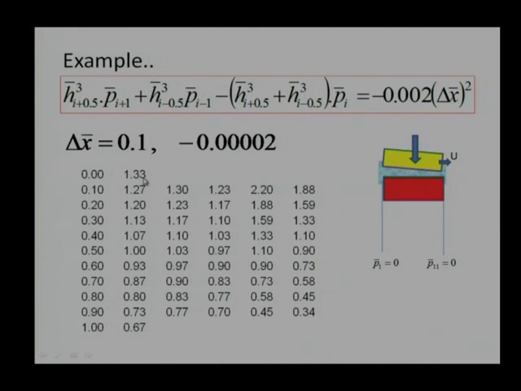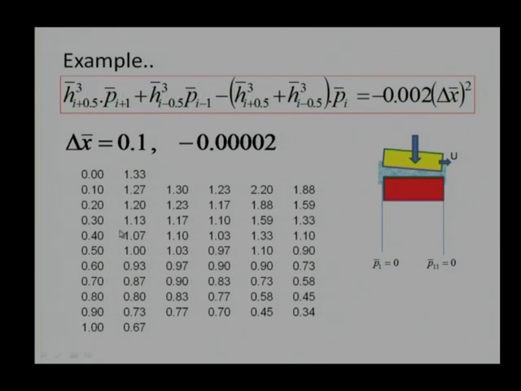Now, these expressions are the film thickness expressions. The film thickness at that node, when we substitute the value of x bar, is something like 1.33. Again, this is a non-dimensional number. This film thickness will continuously decrease because of the convergence. There is a taper angle, or a taper surface, or an inclination. That is why the film thickness will be maximum at the entrance and minimum at the exit.